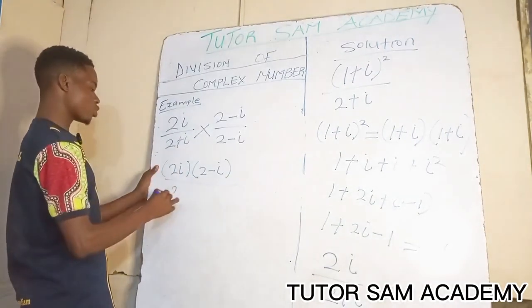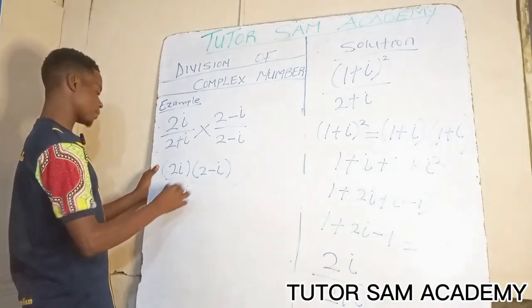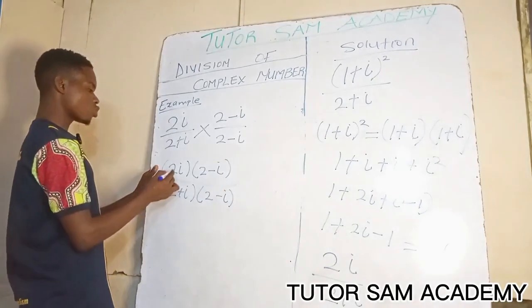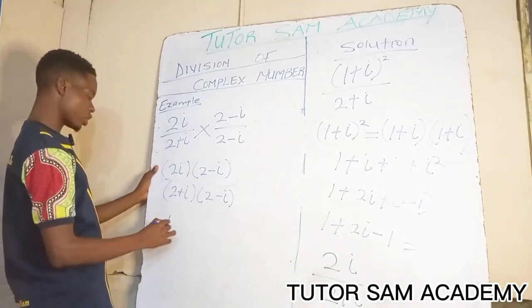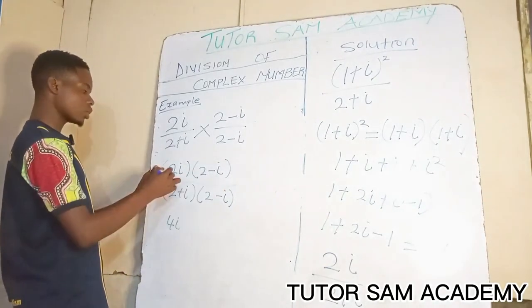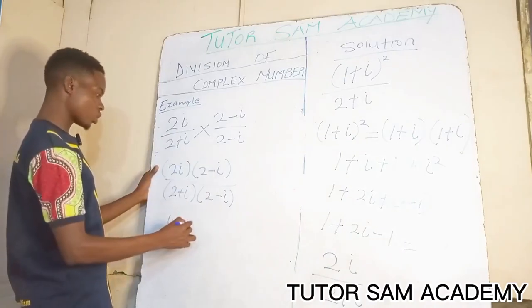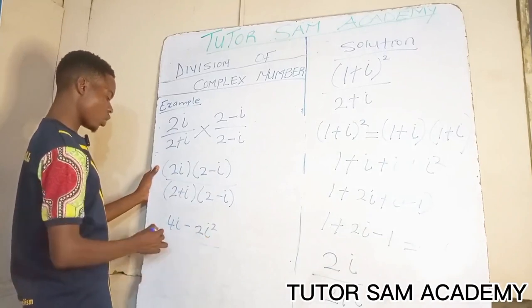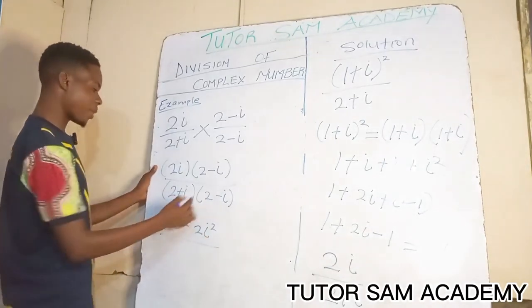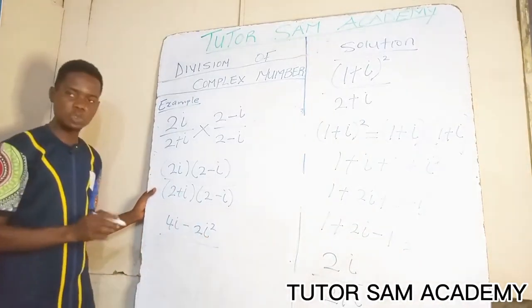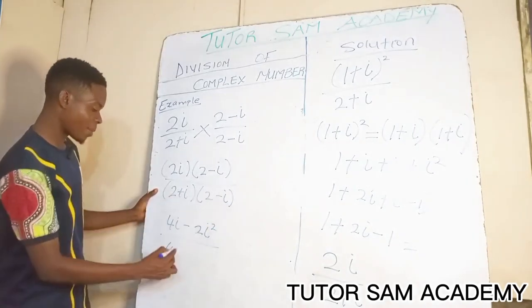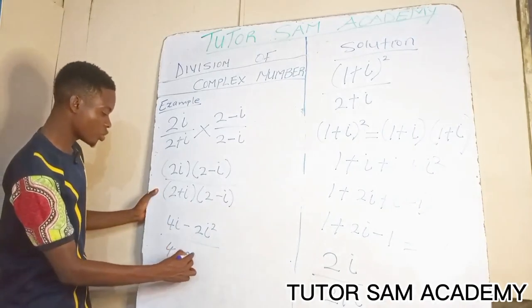Here I will have 2 plus i multiplying 2 minus i. So 2i multiplied by 2 gives us 4i. 2i multiplied by minus i gives us minus 2i square. So all over this, 2 multiplied by 2. Expansion is not new to us again, because 2 multiplied by 2 gives us 4. 2 multiplied by minus i will give us minus 2i.